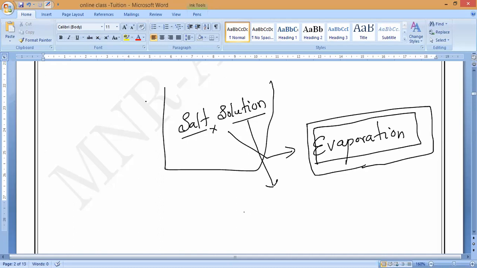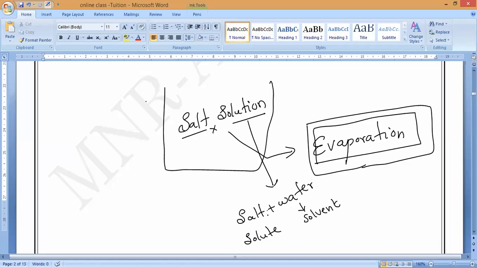As we know, a solution is a mixture of what? Salt plus water. This is the solute and this is the solvent. If we use the evaporation technique, we can recover only the salt, the solute, but it is not possible to get back the solvent.